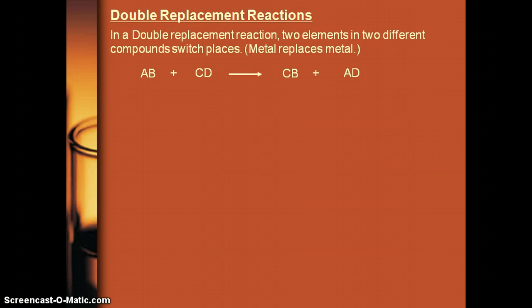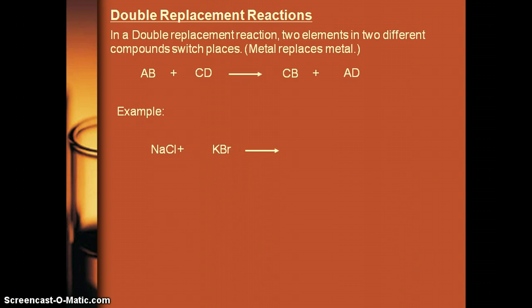You notice that each metal ends up with a different non-metal compound or ion. So the example that we're going to give using actual elements, not people or letters, is sodium chloride and potassium bromide. So we have two elements here that are combined, and we have two elements here that are combined.